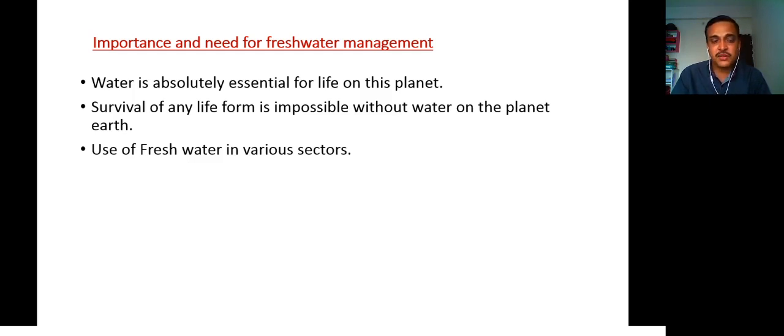the importance of freshwater. As we know, there is no life without water, meaning water is also called the elixir of life. No living organism can survive without water. So water is absolutely essential for life on this planet. It means water supports life on this planet.